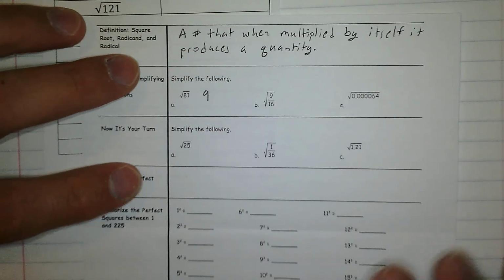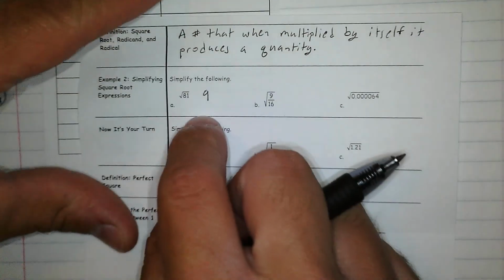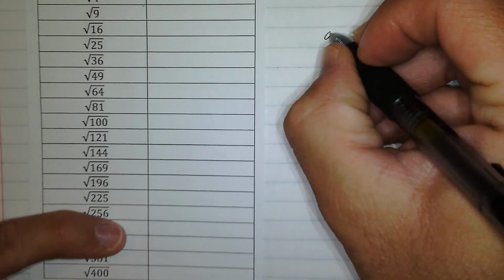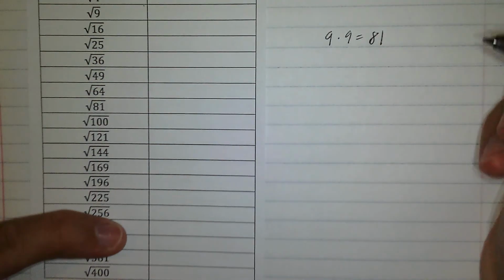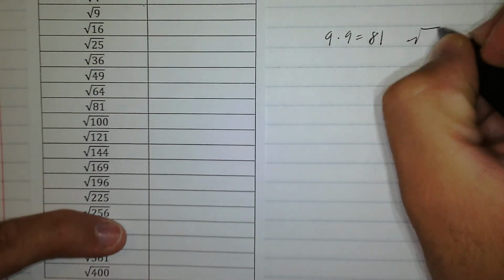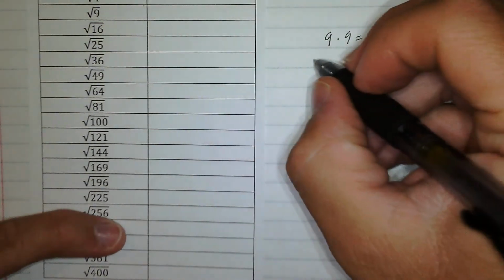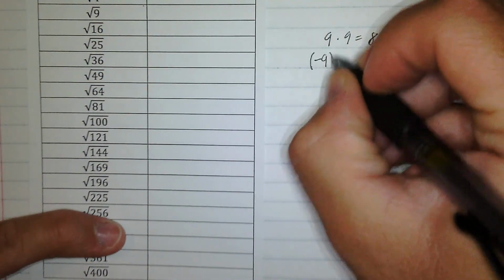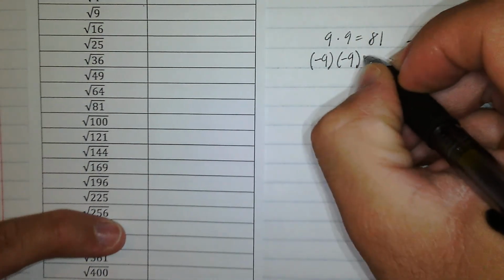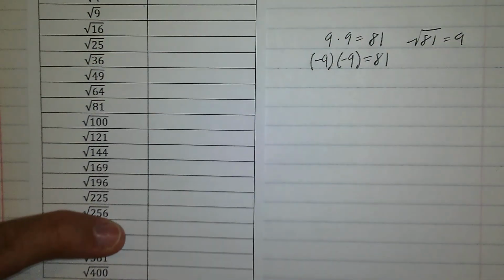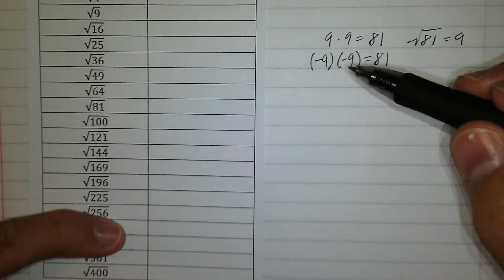Now here's the secret with square roots. Well, 9 times 9 gives me 81, so therefore the square root of 81 would be 9. Well, negative 9 times negative 9 will also give me 81, because a negative times a negative is a positive.